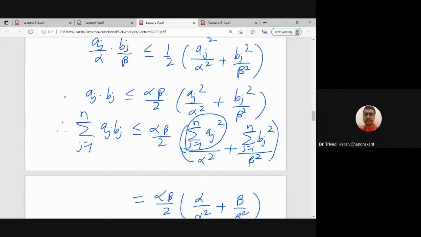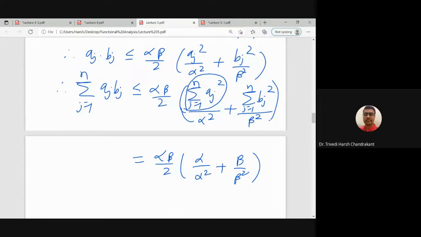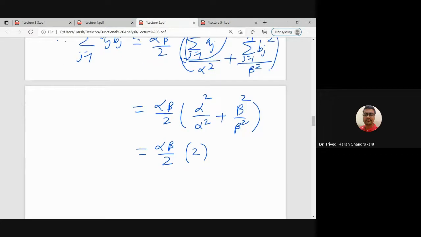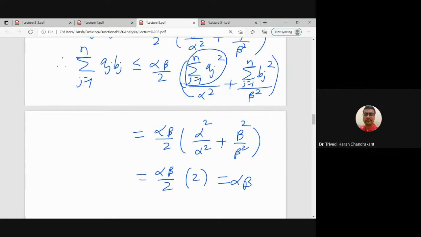The only step we use is that alpha is the square root of the summation of aj square, so here we get alpha square and beta square. That will make this 1. So we get alpha beta by 2 times 1 plus 1, which is 2, so this cancels out. Finally we get alpha beta. So what we proved is that the summation of aj bj is less than or equal to alpha beta.